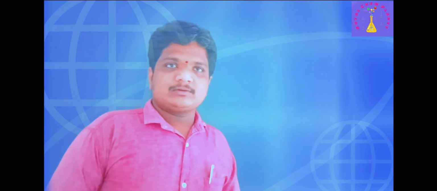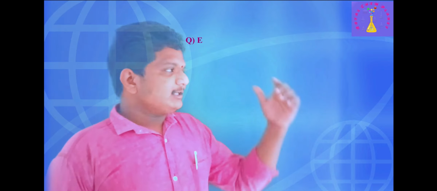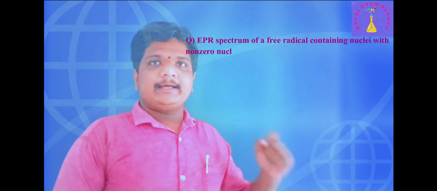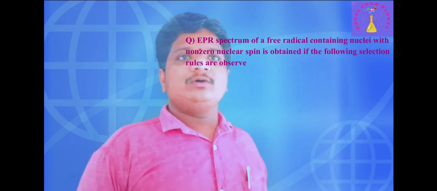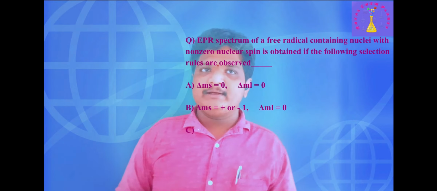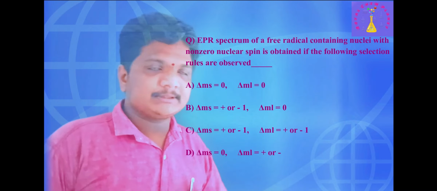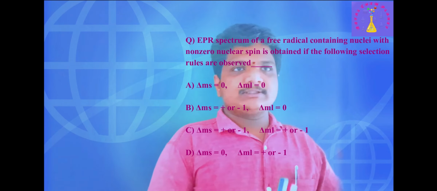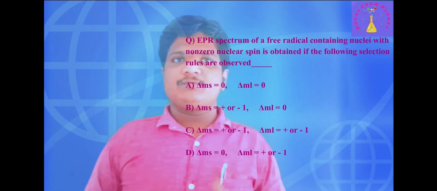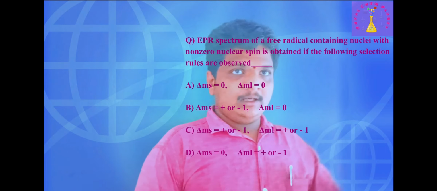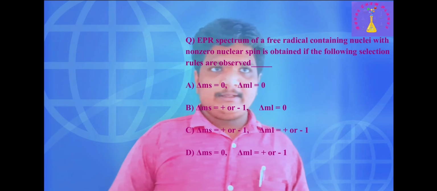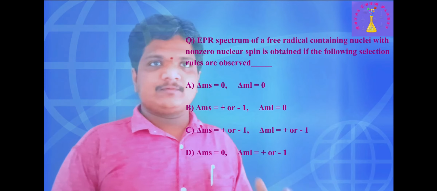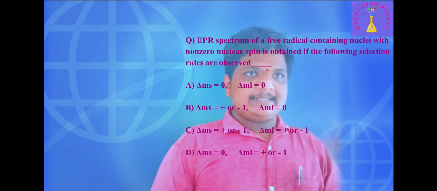Now let us move on to the next question. The EPR spectrum of a free radical containing nuclei with a non-zero nuclear spin is obtained if the following selection rules are observed. Okay, this question was asked in the December 2014 CSIR examination for 4 marks. It is a very simple question, asked from the selection rule.